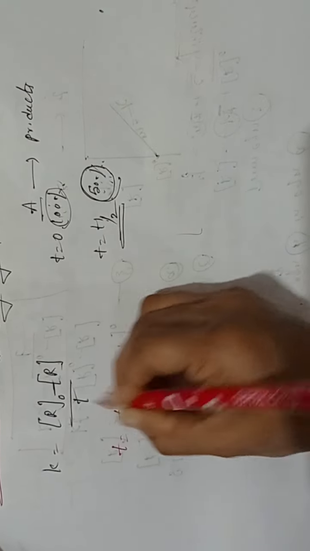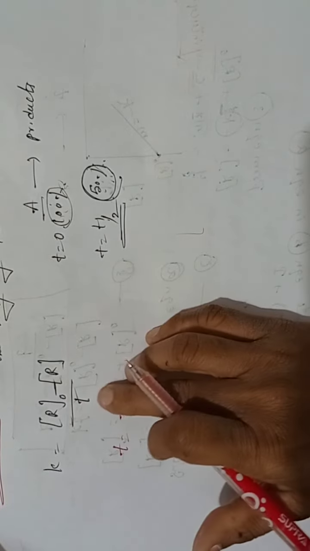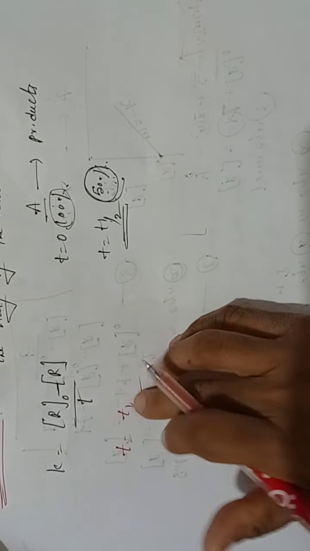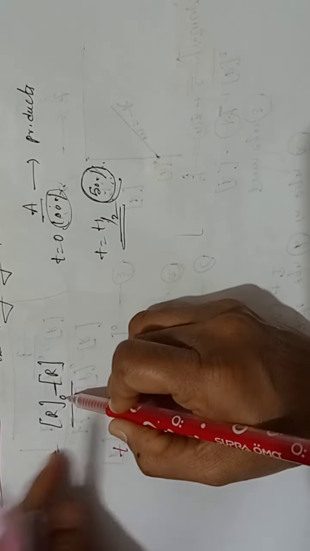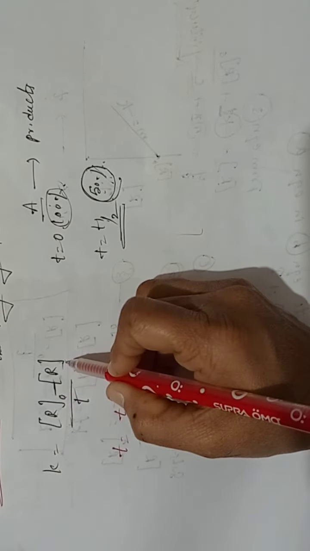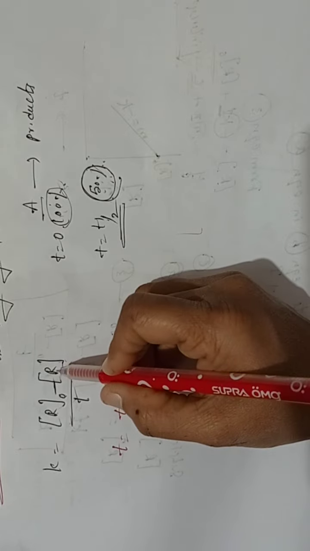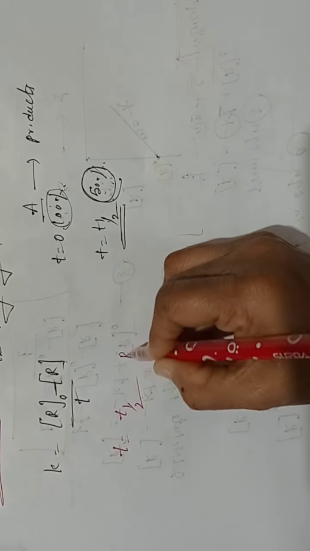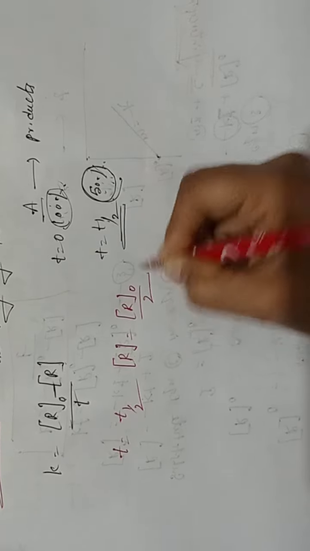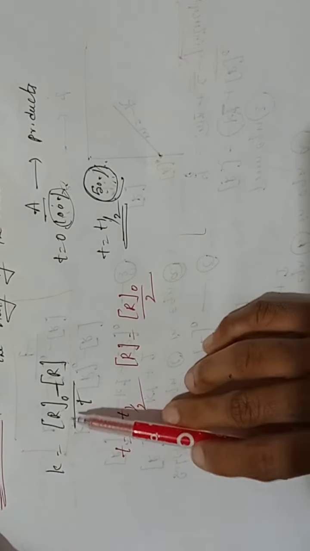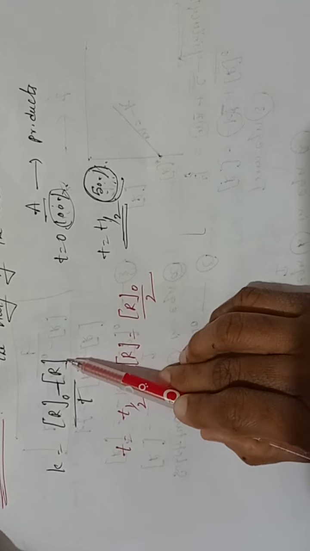Now T is equal to T half. That means the time should become T half. R naught is the initial concentration of the reactant, R is the final concentration of the reactant. Now the final concentration of the reactant should become half of the initial concentration, because initial is 100, final should be 50%.